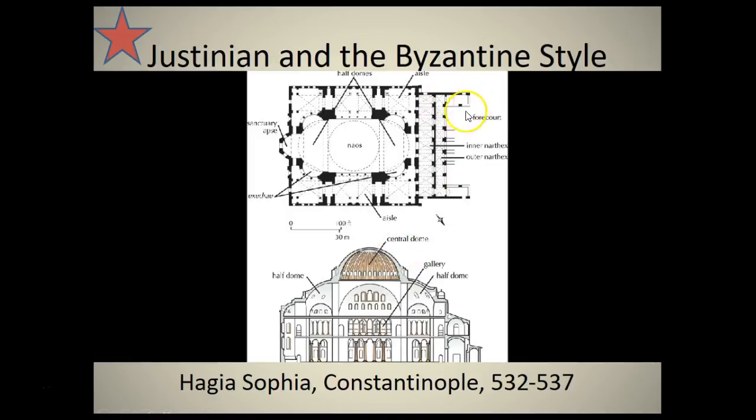Here, the entrance, we have this court. Then we go in, and here's the naos, and above the naos is the dome that creates a different space. The apse again is the focal point as well. So this is more of a combination of a basilica plan and a central church plan.